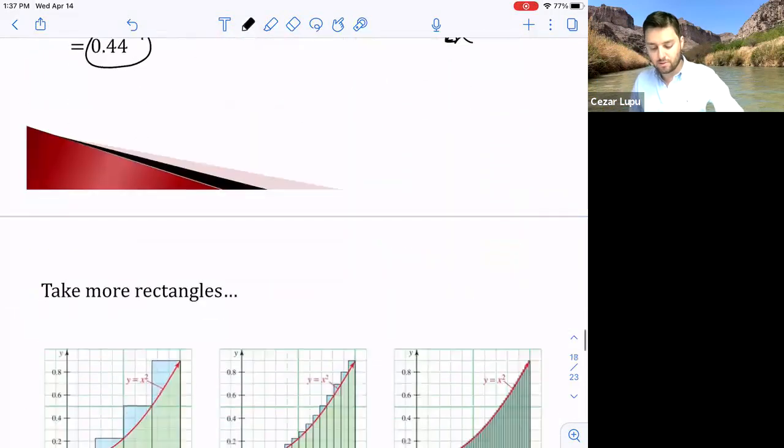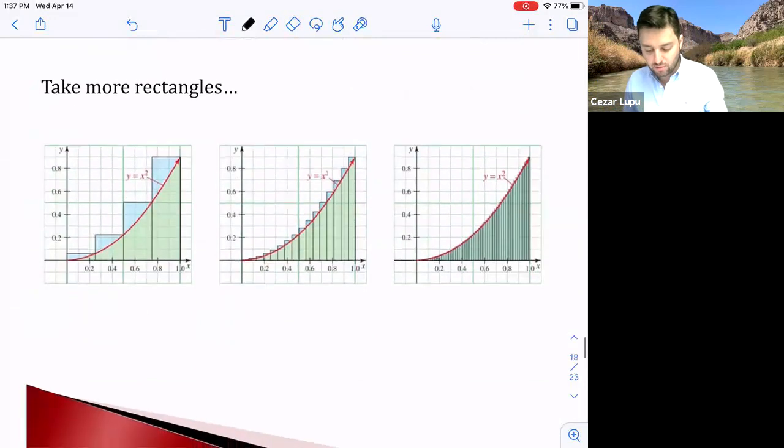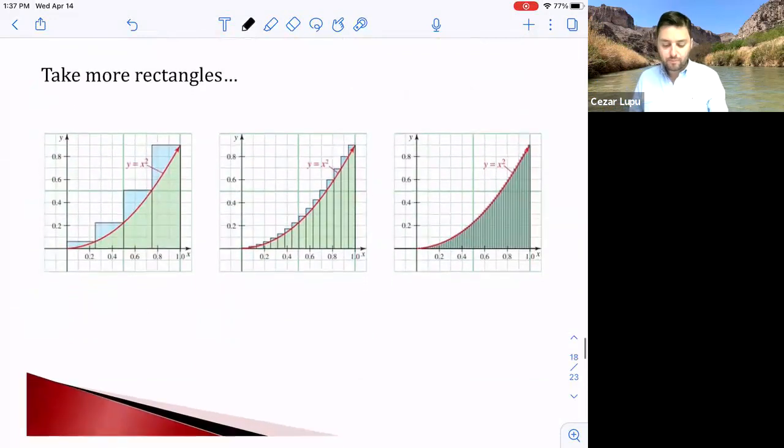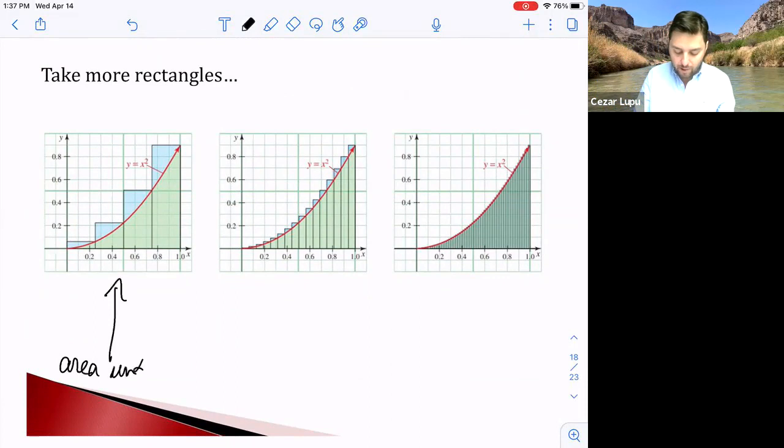So as you can see, if I take more rectangles, let me show you this picture. Look, we dealt with this scenario here. So this is what we did. The area under the graph was 0.44.